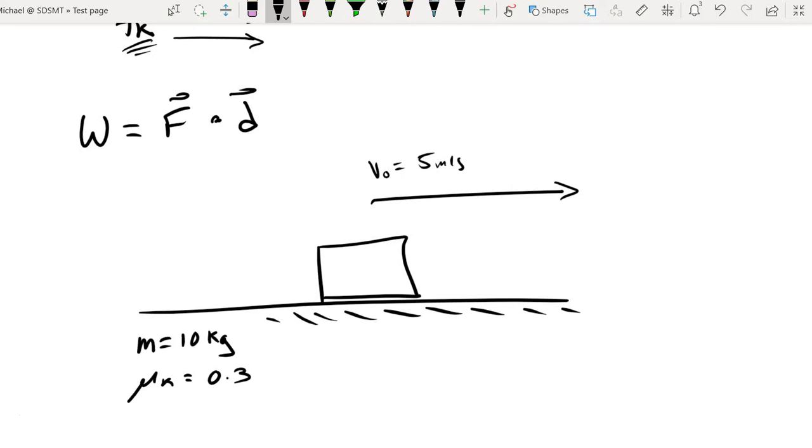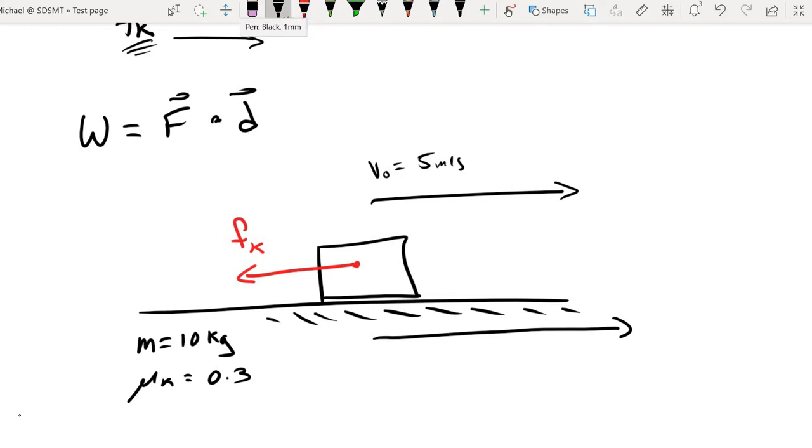So as our block slides across the surface, friction is going to oppose the direction of motion, and we will be using kinetic friction because we are moving.